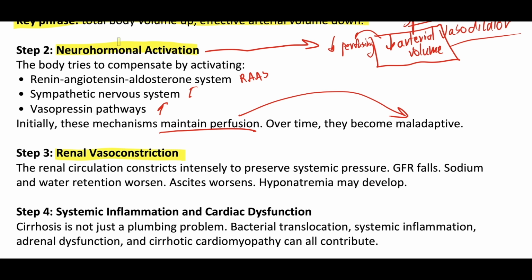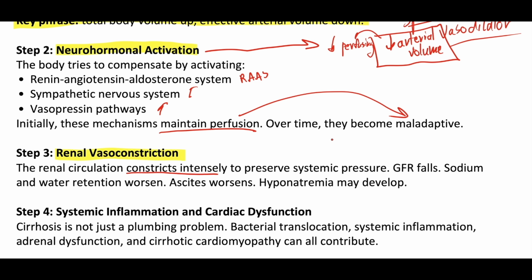which is renal vasoconstriction. So the renal blood vessels, the perfusion to those kidneys, starts to constrict intensely. And this is related to that neurohormonal activation, right? Your body thinks there's not enough circulating arterial blood volume, and there actually isn't, because it's all pooling in your splanchnic circulation.